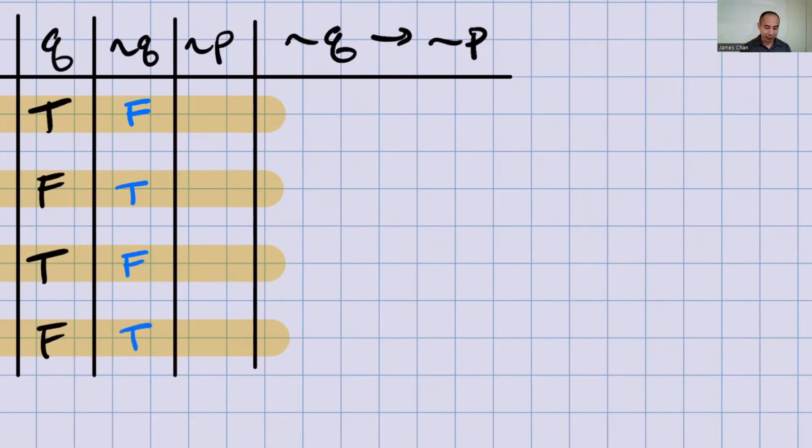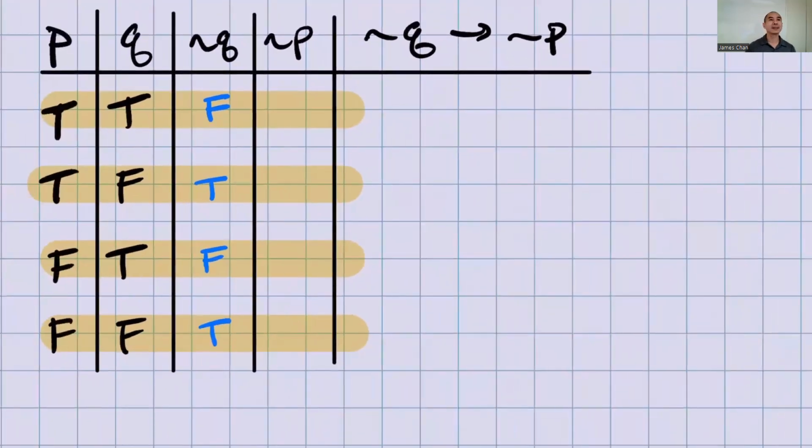Okay, now let's negate the P. First one is going to be false. Does that make sense?